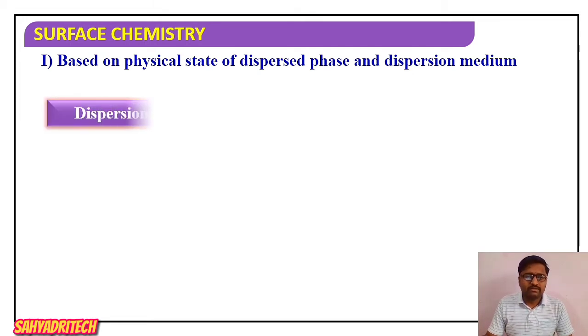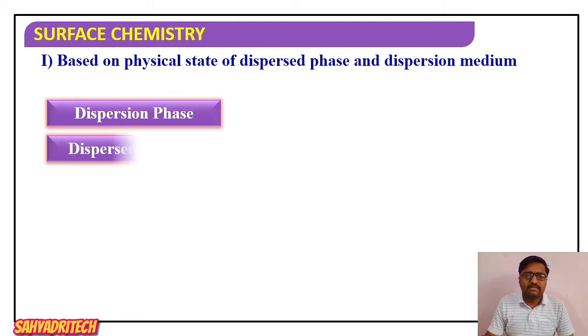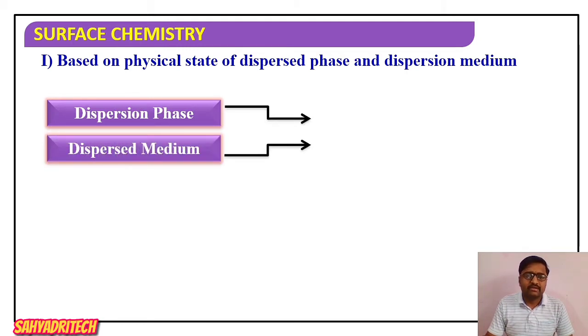When dispersed phase and dispersion medium combine, the resultant will be a colloid.